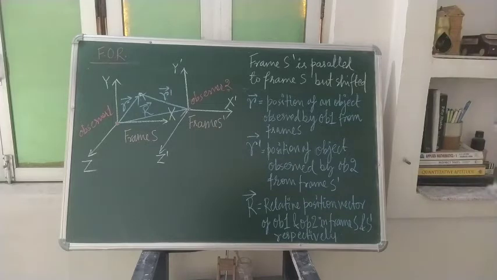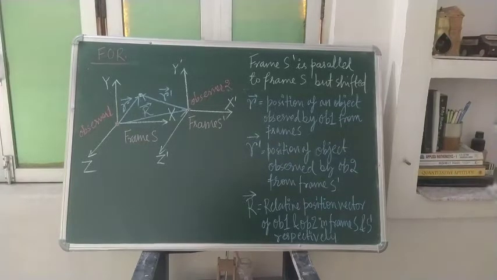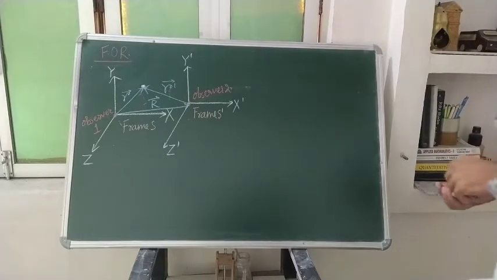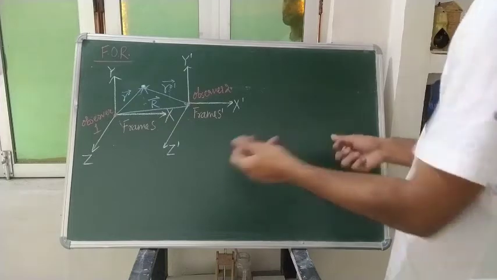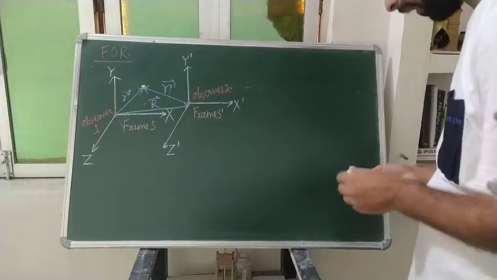Can I have the screenshot? So we have seen the position vectors of the object from frame S and from frame S prime.